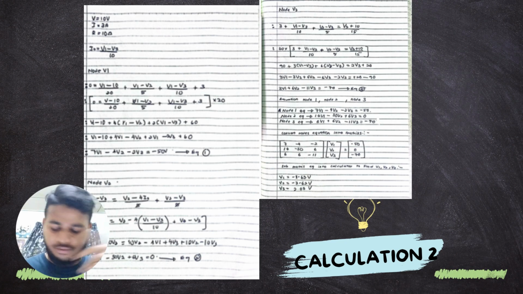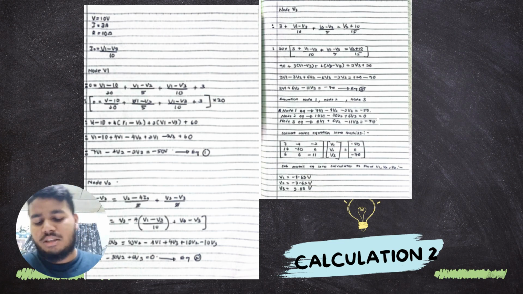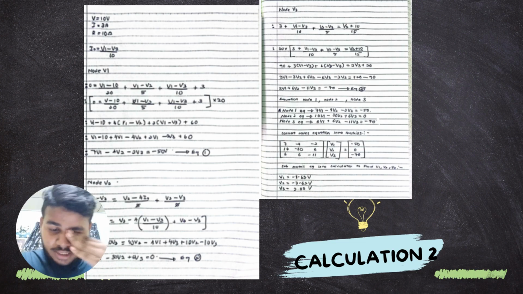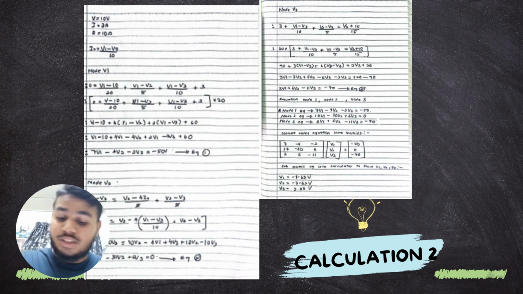The final equation is 14V1 minus 30V2 plus 6V3 equal to 0, and the nodal V3 is 3 plus V1 minus V3 over 10 plus V2 minus V3 over 5 equals to V3 plus 10 over 5. So as we simplify, the final answer we get is 3V1 plus 6V2 minus 11V3 is equal to negative 70. That's equation 3.